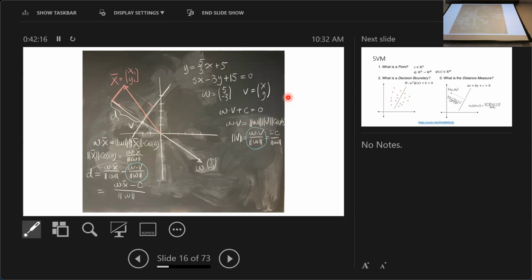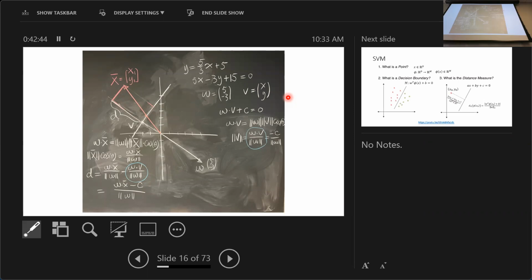What I want to derive here is this distance here. Basically, that's V's norm along this one.